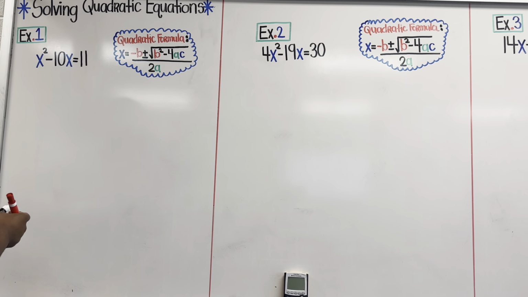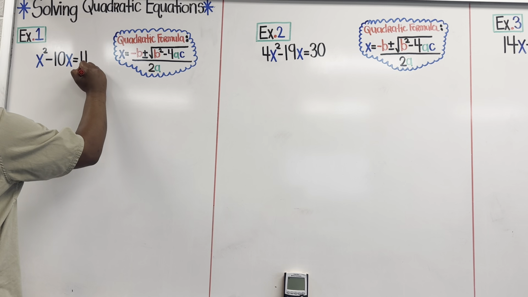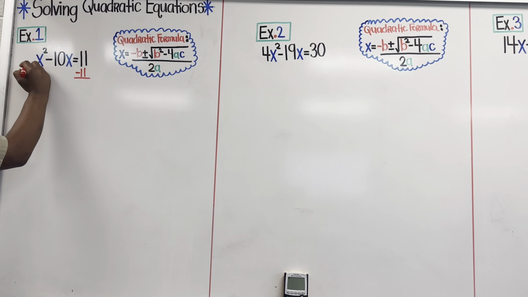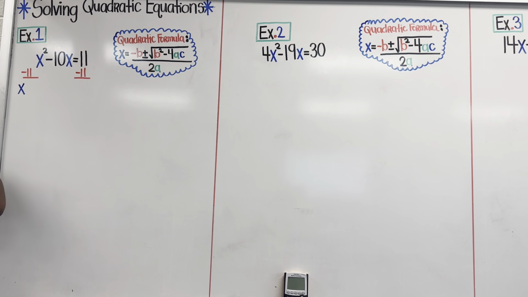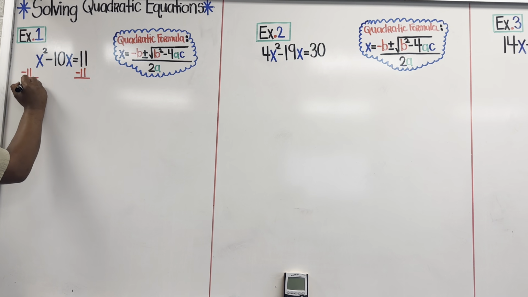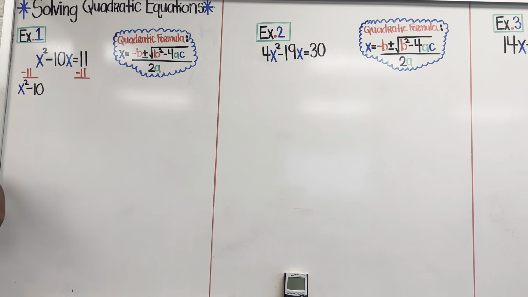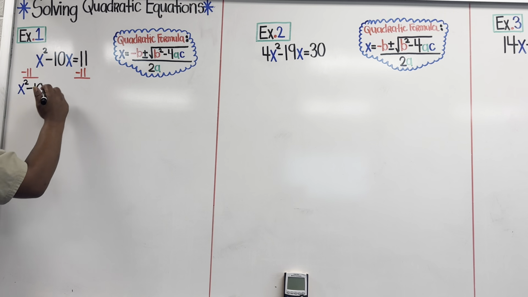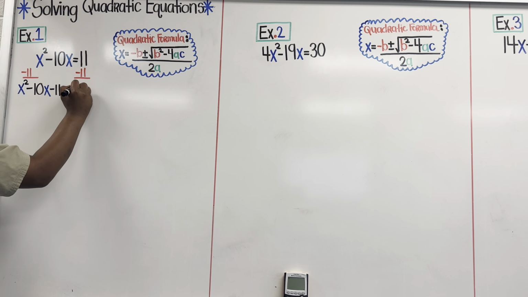I'm going to subtract 11 on this side and on the other side, and now I will have x squared minus 10x minus 11. That is going to be our quadratic equation that we can utilize, and remember, everything equals 0.